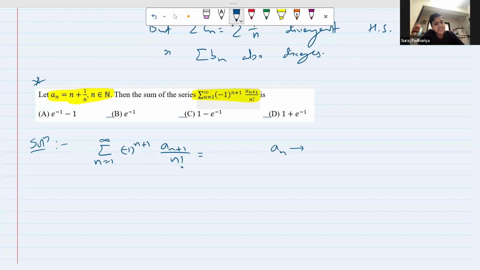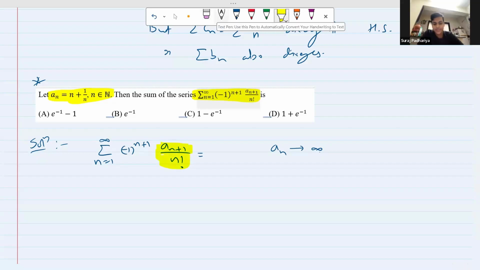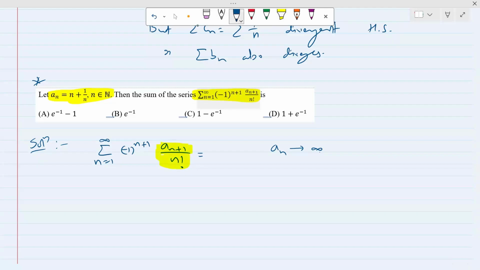To infinity. Yes, absolutely fine. No worries. But here we do not just have an. Here we have an plus 1 upon n factorial. So the denominator is going towards infinity faster than the numerator. Okay, sir. Got it. So the necessary criteria will be satisfied.